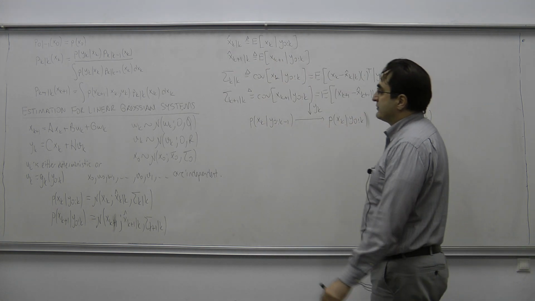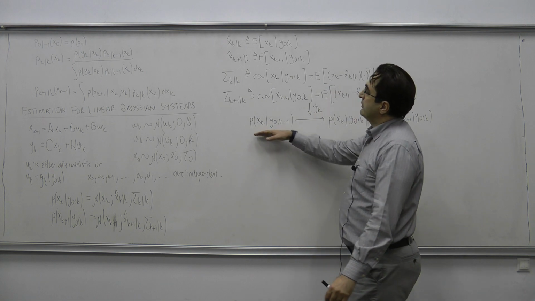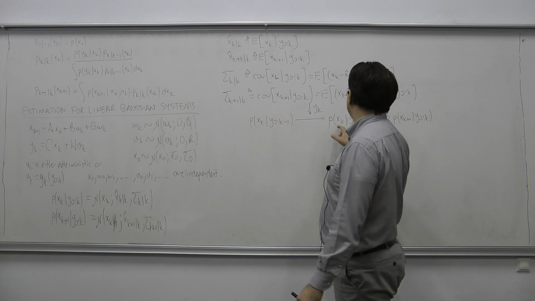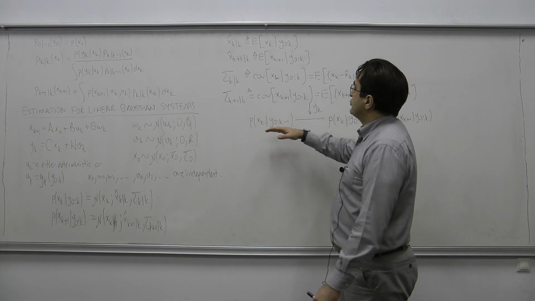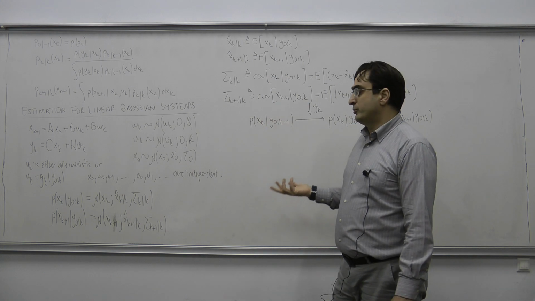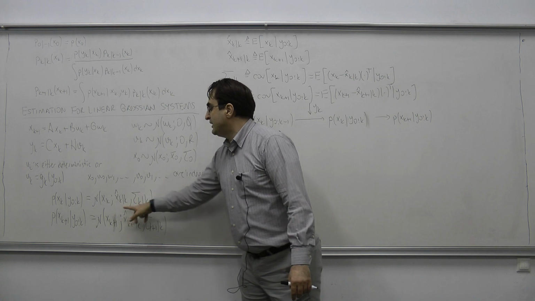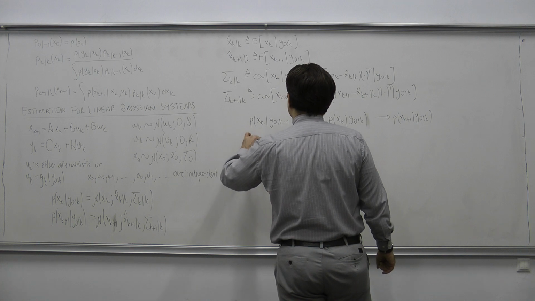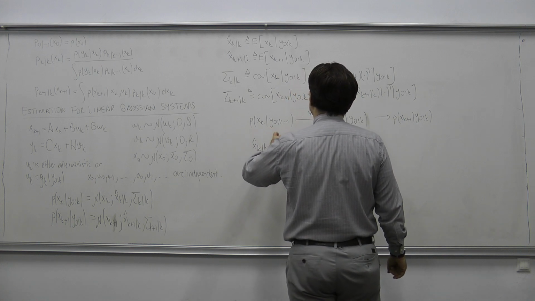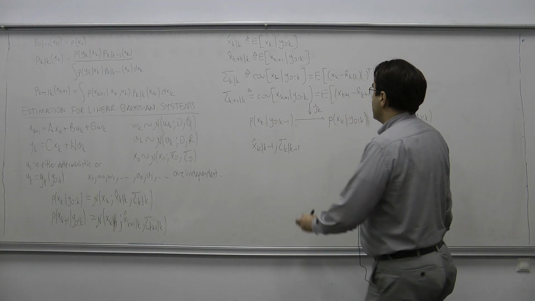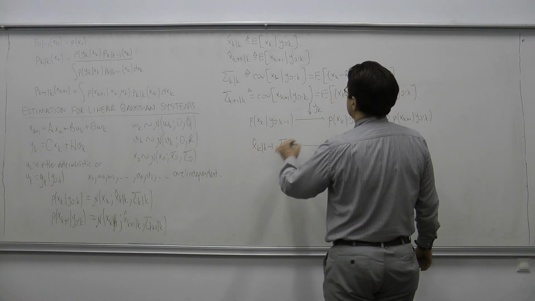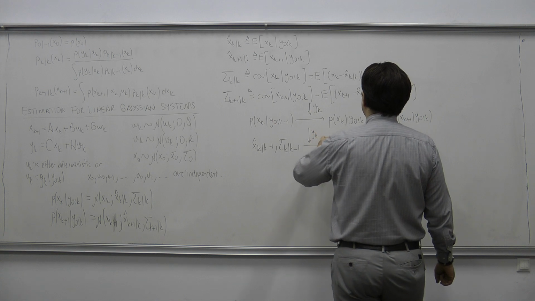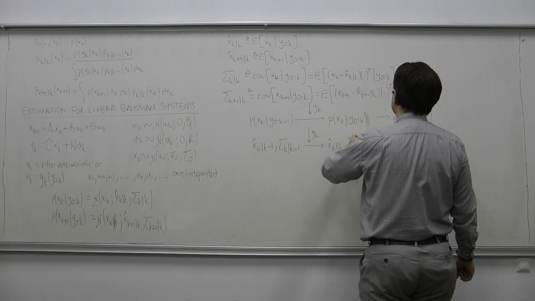So now I have learned that these densities are Gaussian, so really I do not have to deal with functions of xk or xk plus 1 anymore. In order to be able to store and process these distributions, all I have to do is to keep track of their mean and their covariance. So this one has a mean x at k given k minus 1, and the covariance is sigma k given k minus 1. Then I need to update this mean and covariance using the measurement yk to obtain x at k given k and sigma k given k.